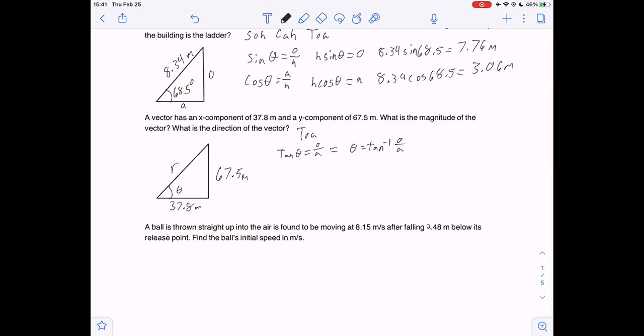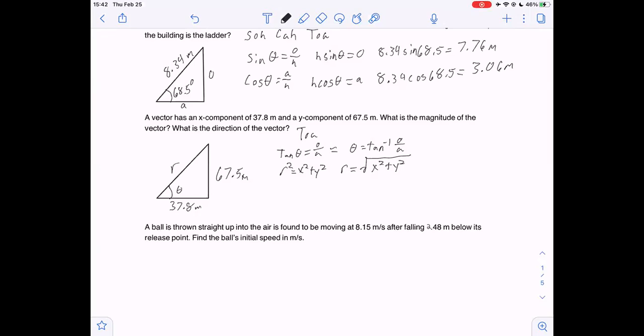Think back to pre-algebra. One of the first equations you learned. Pythagorean theorem. So we got r squared is equal to x squared plus y squared, which translates to r is equal to the square root of x squared plus y squared.